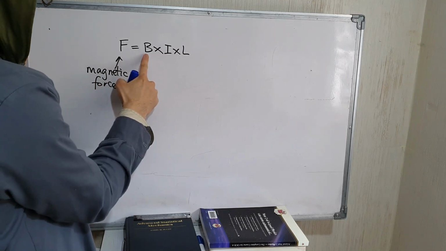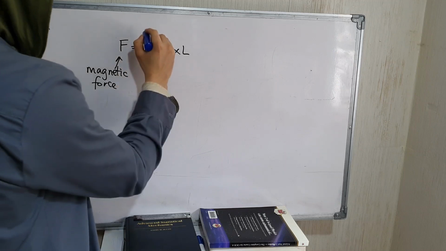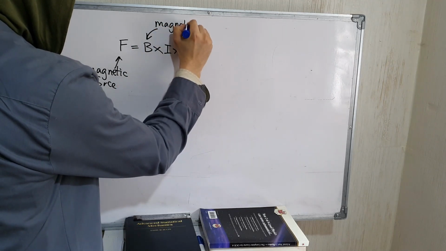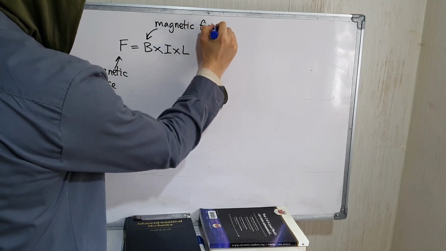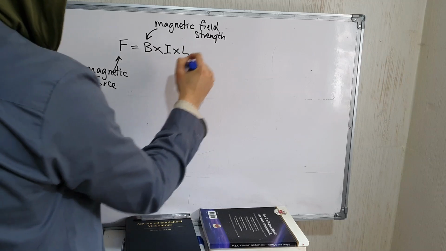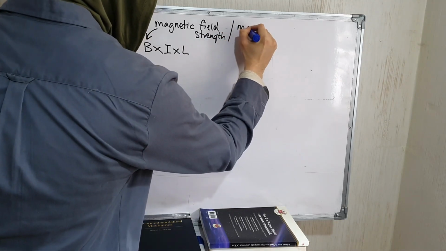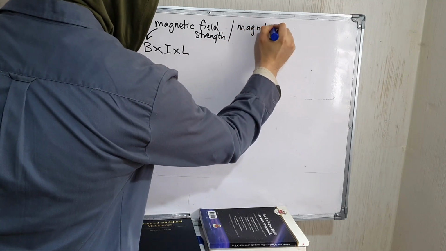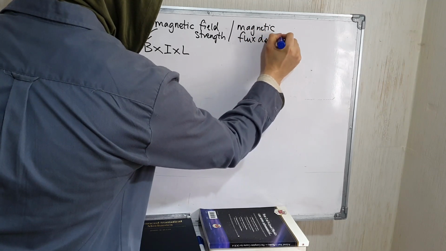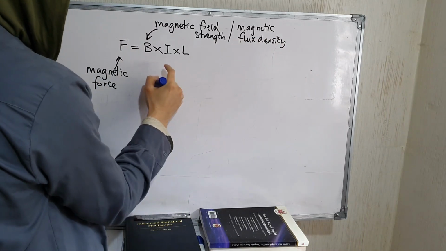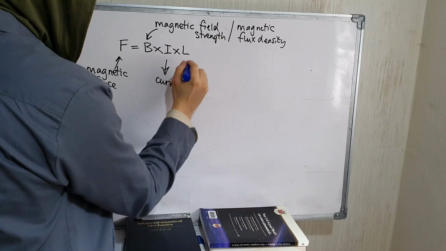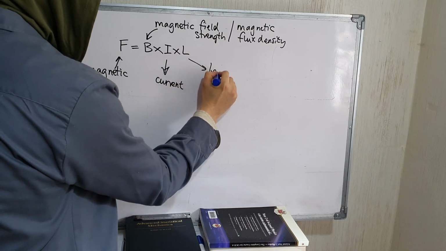B is the magnetic field strength, or the magnetic flux density. I stands for current. And L is length.